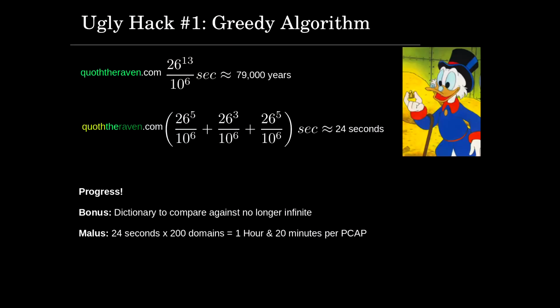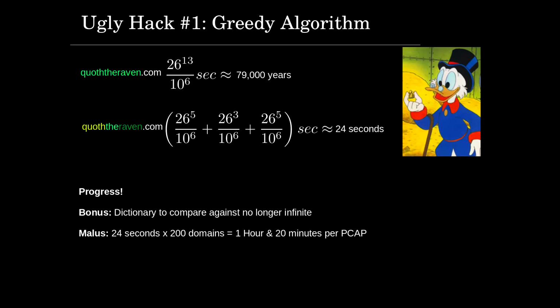So the first ugly hack that we came up with, a first aid solution, is to use a greedy algorithm. And instead of trying to match the whole input against the set of all possible concatenations of dictionary words, try to look for prefixes of the input and match them against the plain old dictionary.